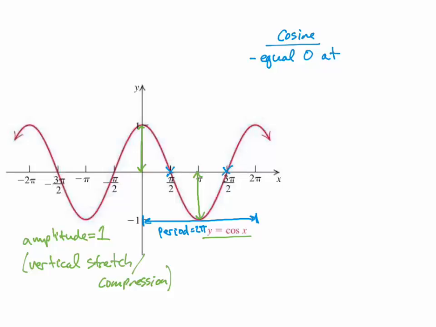So these are at the quarter points within the period. The max and min values are at the beginning of the period, the middle of the period, and the end of the period. So max and min values occur at the beginning, middle, and end.